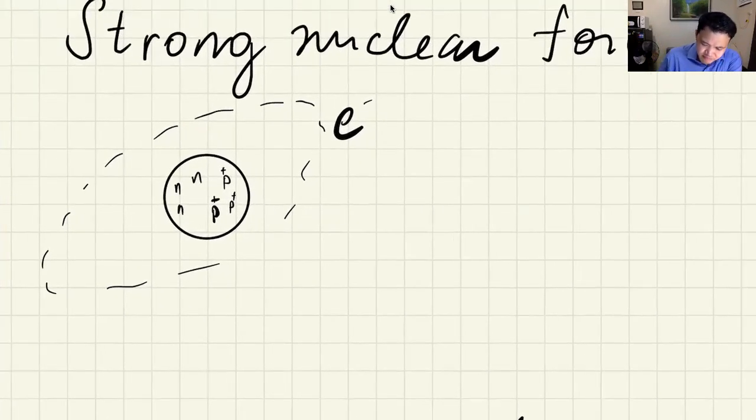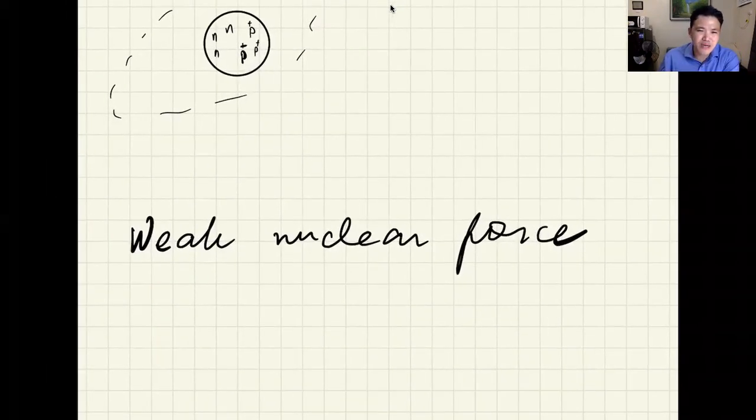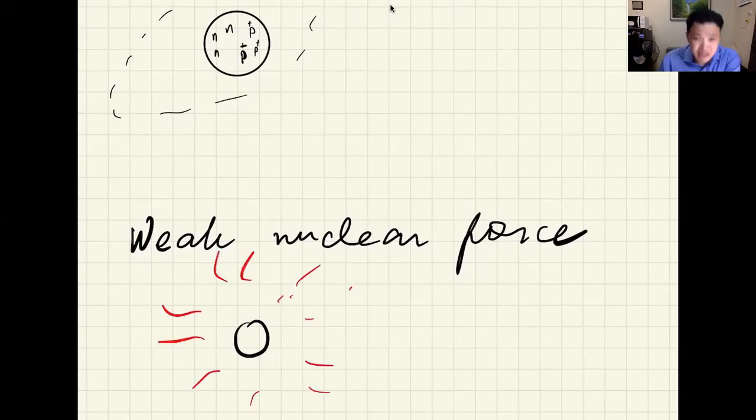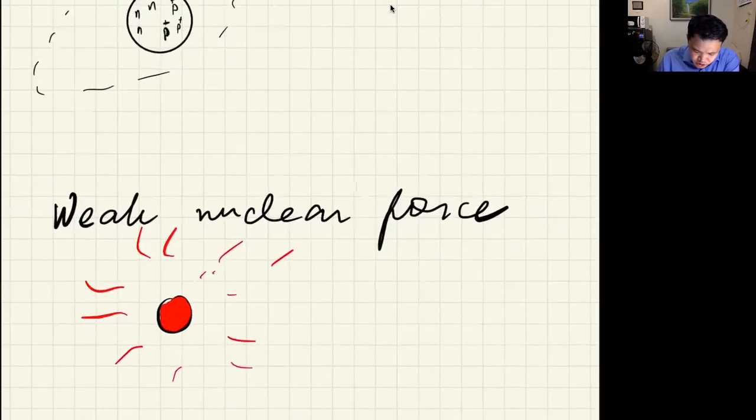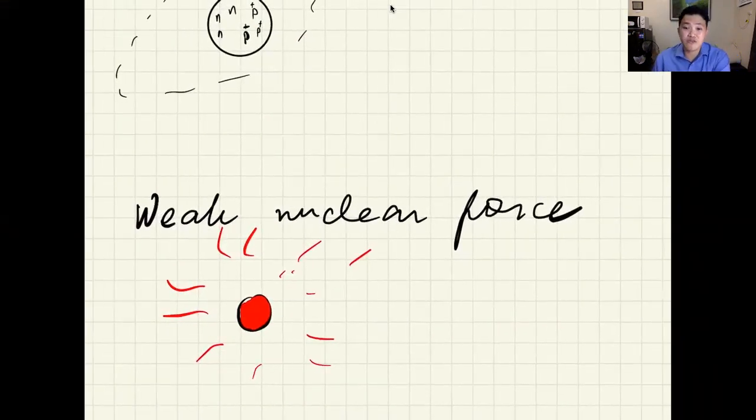With that force, there is stored energy. That's why we can harness nuclear energy out of it, right? The other type of force is what we call the weak nuclear force. It's basically the force of radioactive decay. So radioactive materials are emitting radiation. They eject an excess amount of energy, and usually they undergo beta decay.